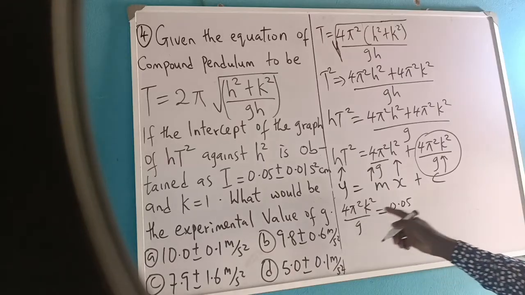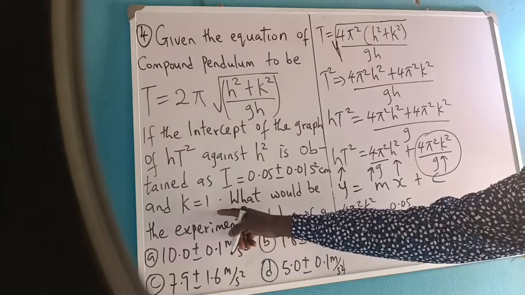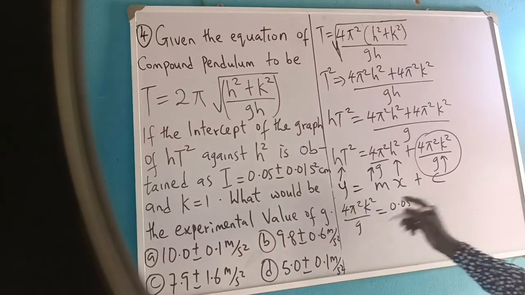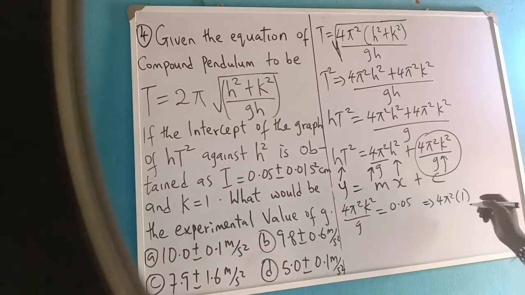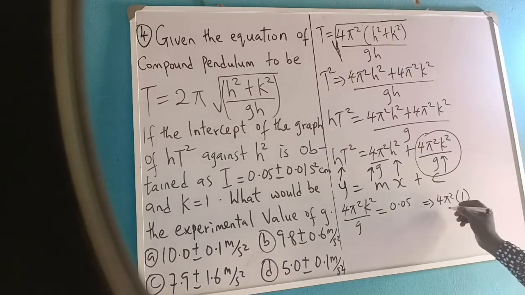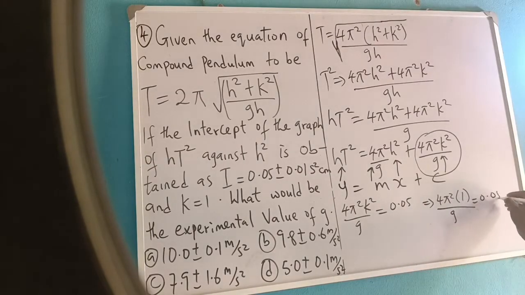Now, as I've gotten it to be this, you will now say your k is 1. Putting it here, 4 pi square bracket 1 square, 1 square is 1, all over G is equal to 0.05.